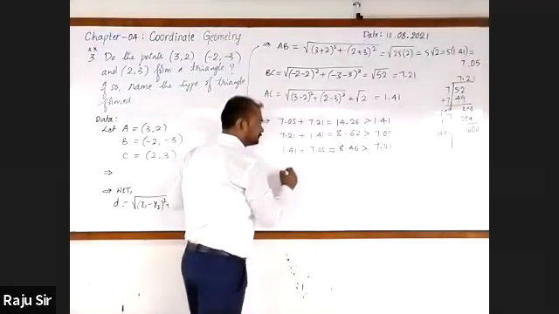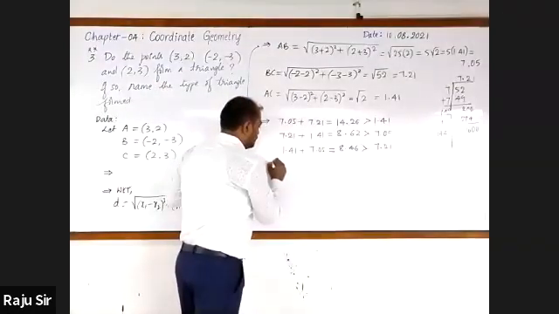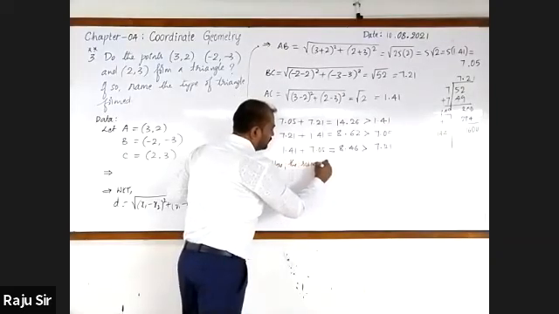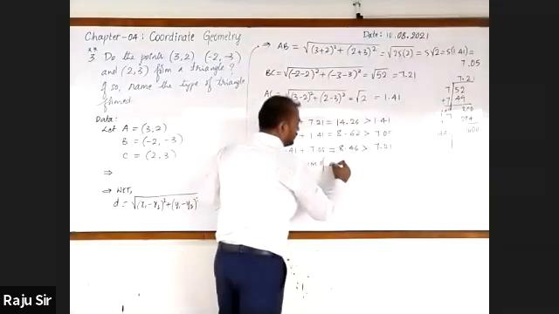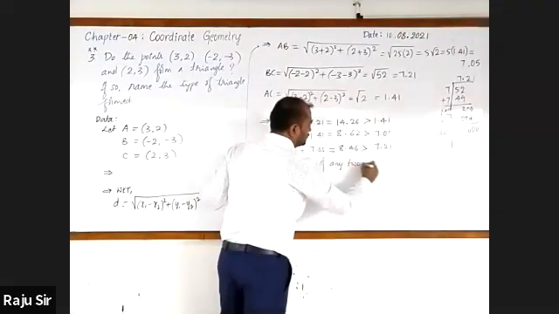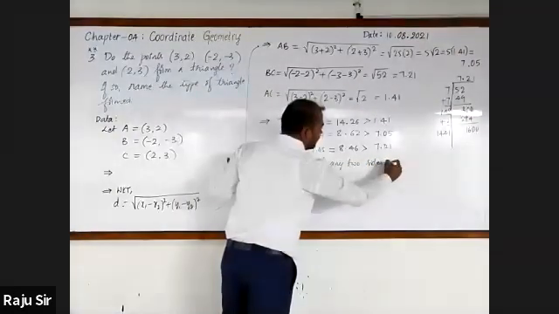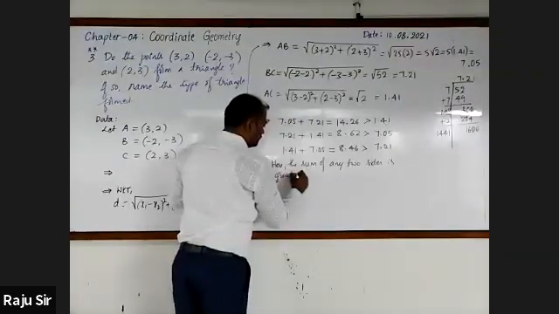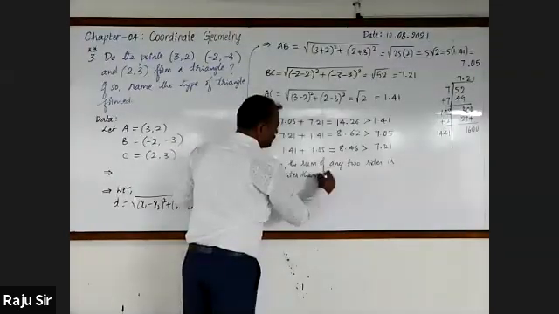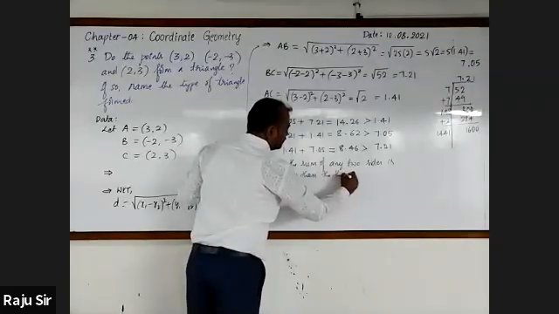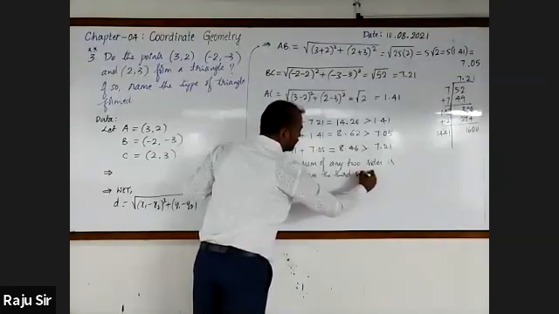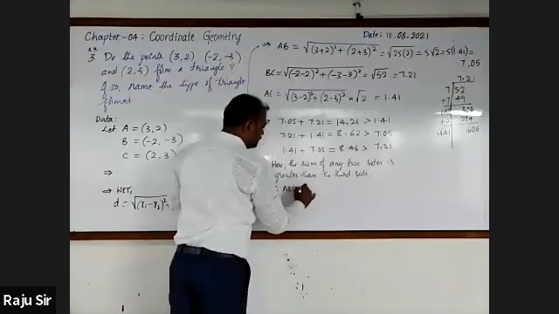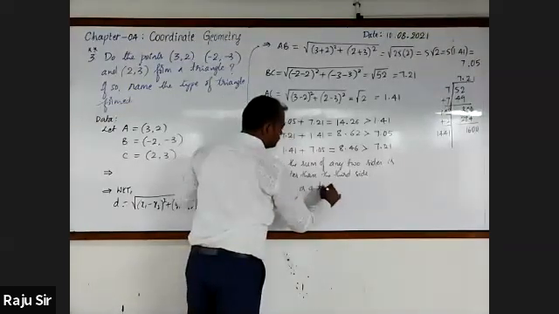Right. Here, the sum of any two sides is greater than the third side. Therefore, ABC is a triangle.